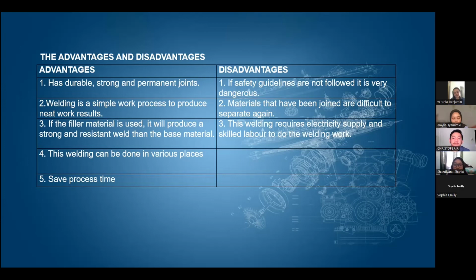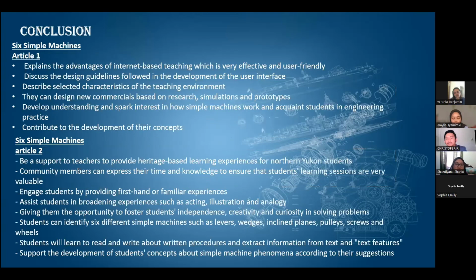The last one is that welding requires an electricity supply and skilled labor to do the welding work. So those are the advantages and disadvantages of welding safety. And the last one, I will give to the last presenter.